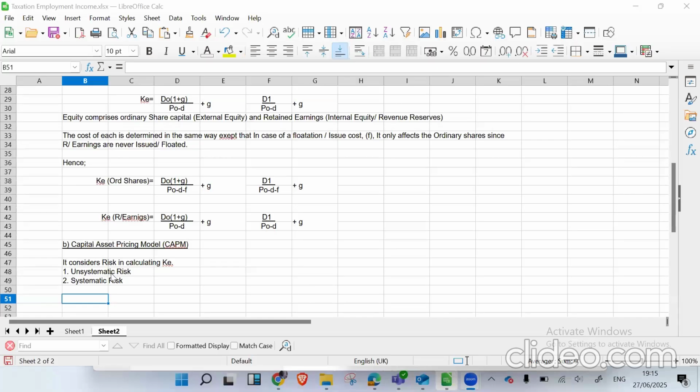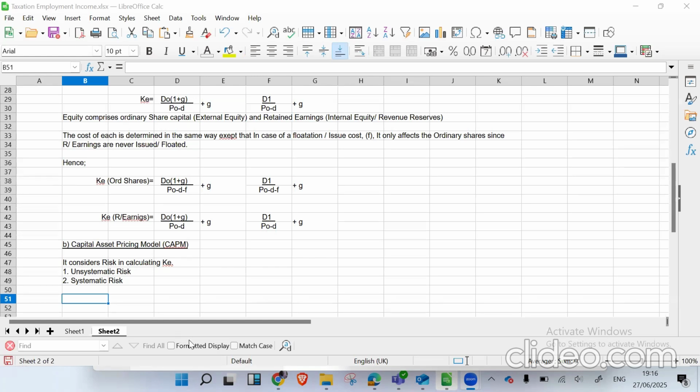And systematic risk affects each firm in the industry depending on their type of business or the nature of their business.